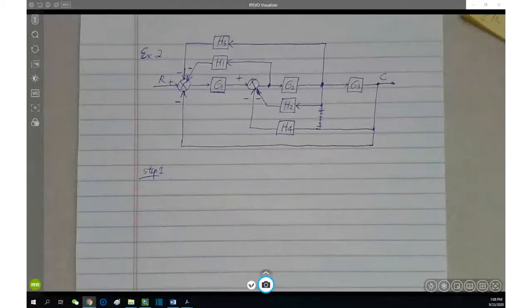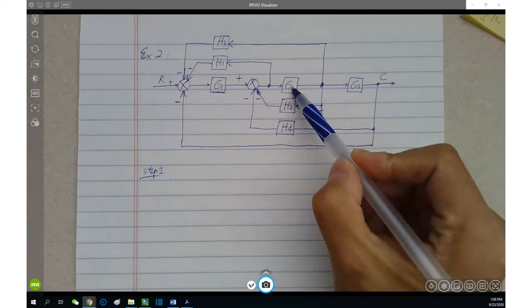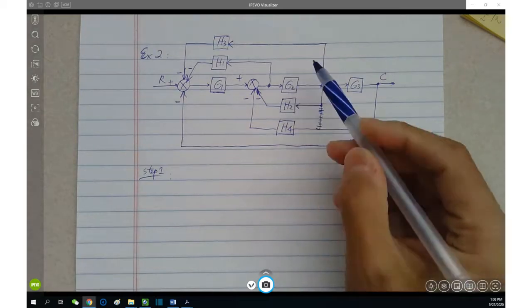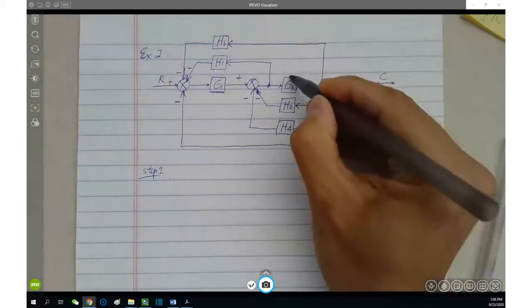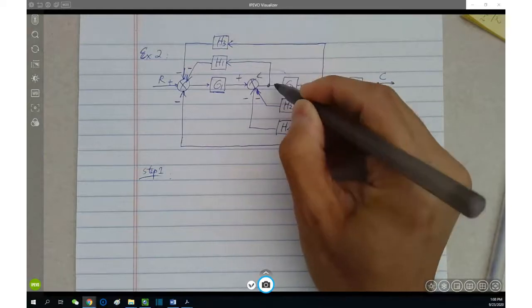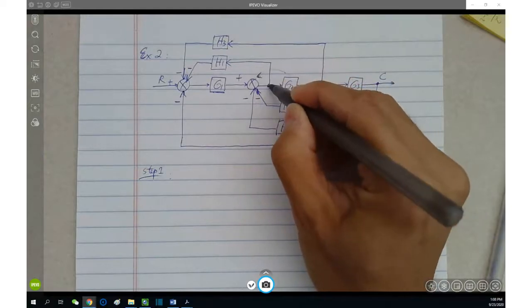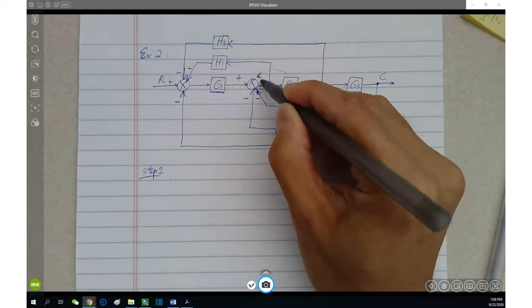According to Alex's proposal, we can move G2, this block, to the left of the pickoff point. So basically, he's saying move this G2 toward the left, from the output end to the input end, over this pickoff point. So G2 is going to stay here.